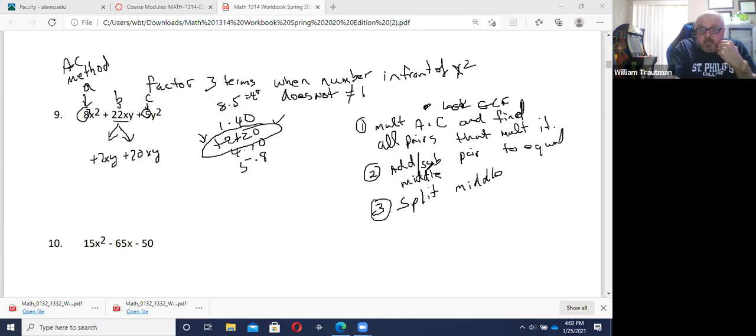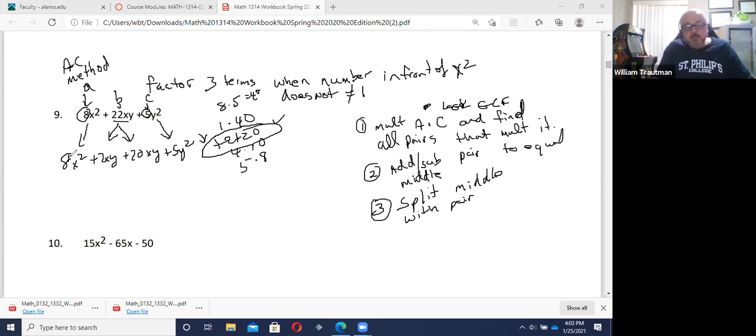Split the middle with your pair. Maybe I should write that down. And this 5y squared comes down, and this 8x squared comes down. Oh man, I should have done 4 terms before I did this.